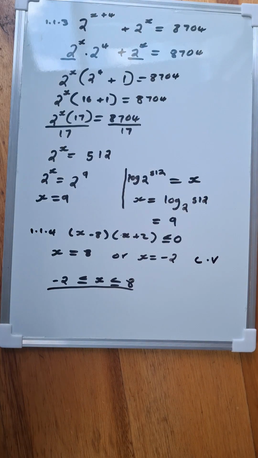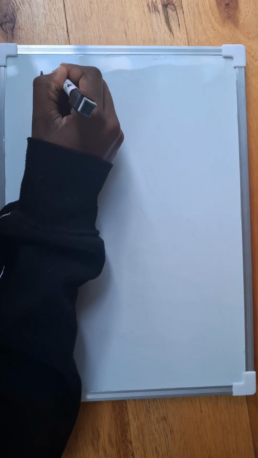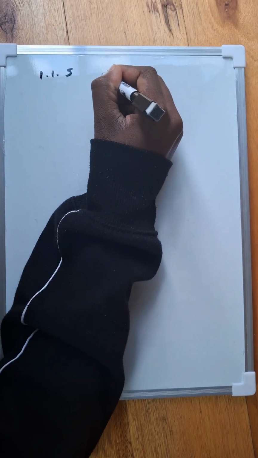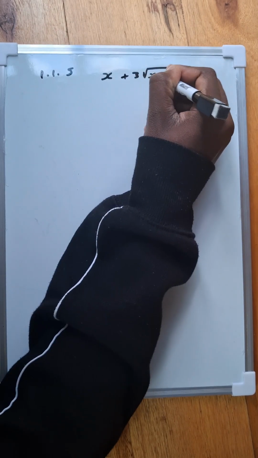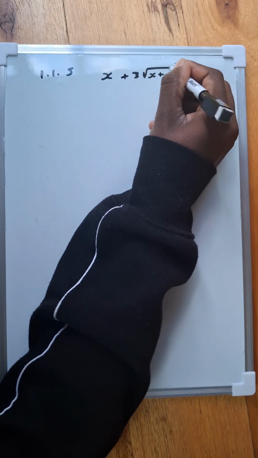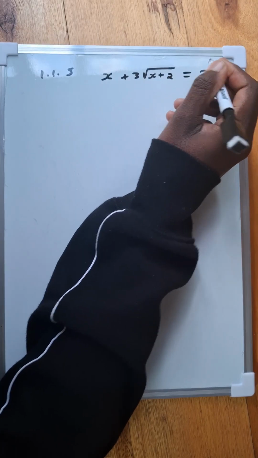I will just move through 1.1. We move to 1.1.5. x plus 3 root (x plus 2) is equal to x.